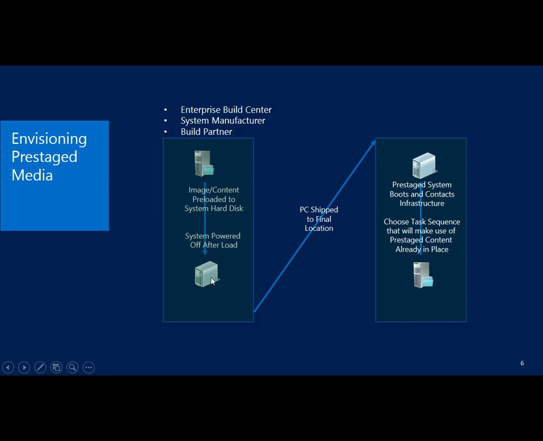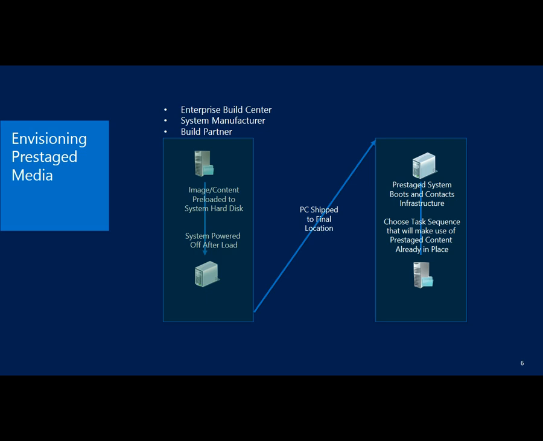You don't want the machine to be turned on again until we get to the place where it's going to live for production, right? So at this stage, the machine would be put in a box and shipped to its final location, either from the system manufacturer to you or from your build center to its final destination, whatever. So the machine arrives, all of the content that it needs to boot, to do the initial image, maybe even after the image, some of the software to load, maybe not, will be on the hard drive.